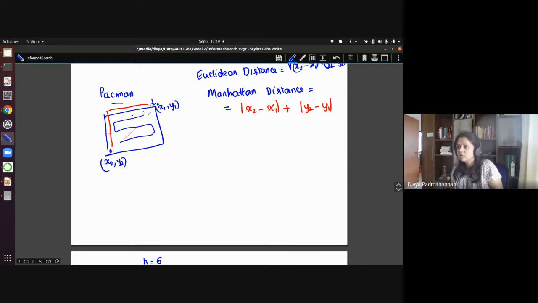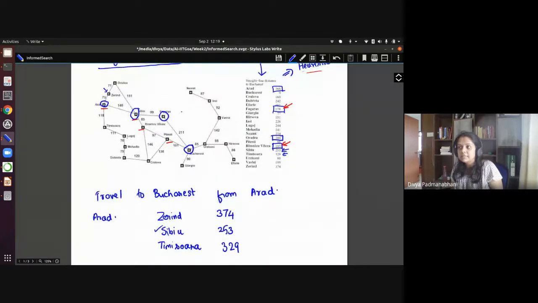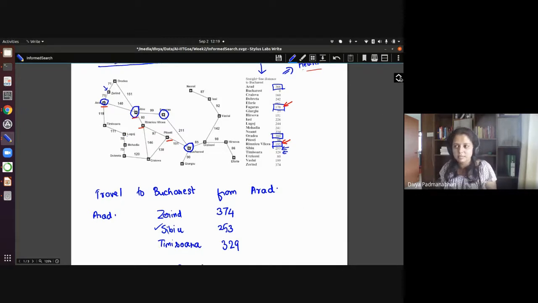So this is a reasonable distance here. Similarly, for the map example, the straight line distance is always going to be an underestimate of the actual distance. So here also the Euclidean distance is a good heuristic. Like that, you have to use some domain information to be able to design these heuristics.